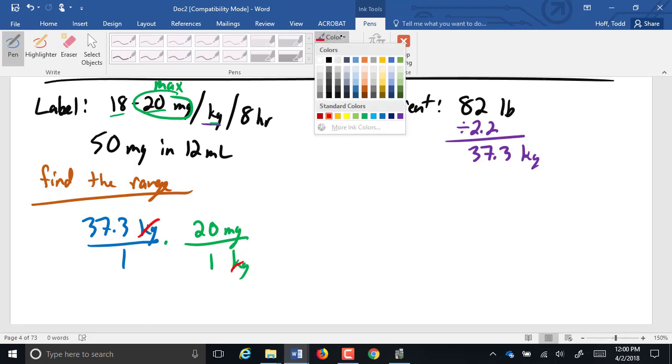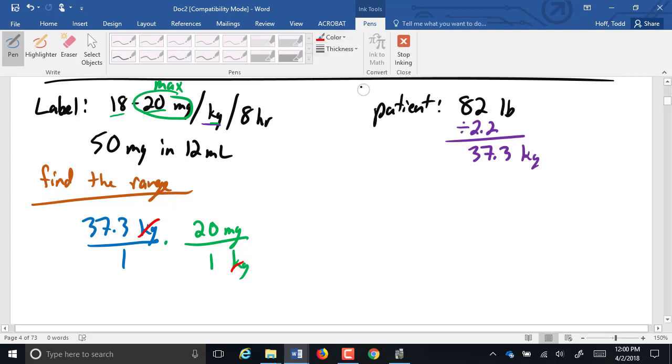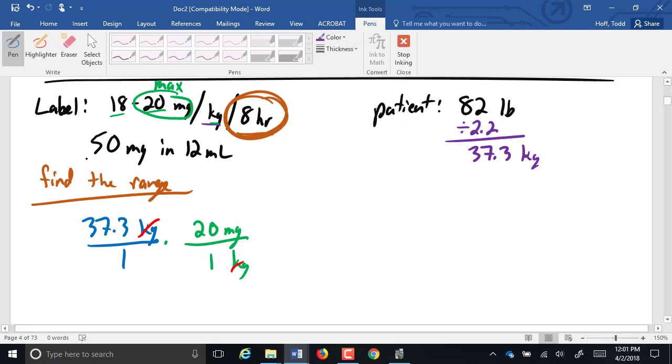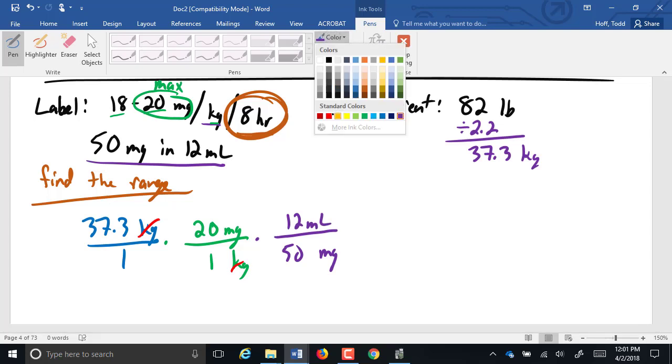We're now in milligrams. We need to keep track that this is per 8 hours. We'll have to make sure we include that in our final dosage. But now we're going to convert that into milliliters with our 50 milligrams equivalent to 12 milliliters. Now the milligrams have canceled out.